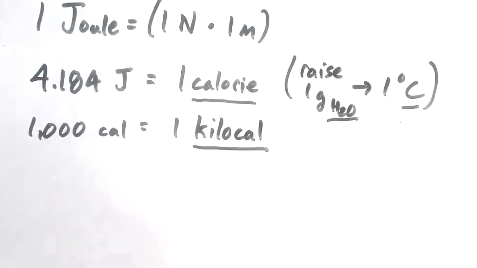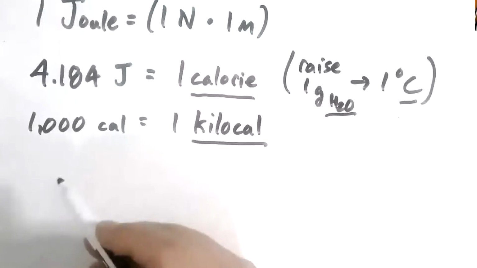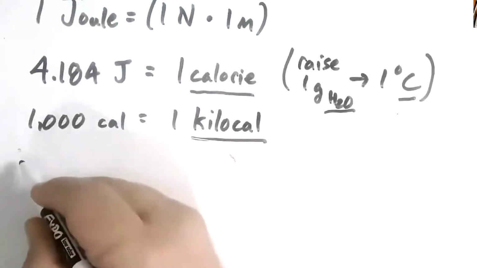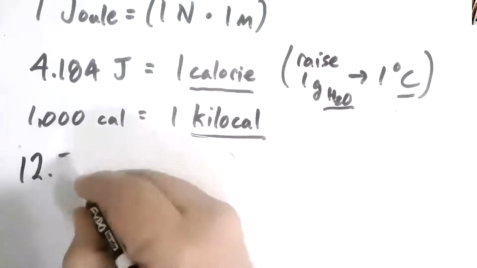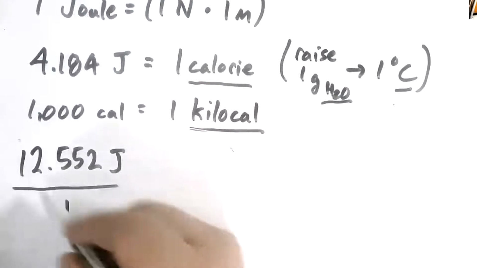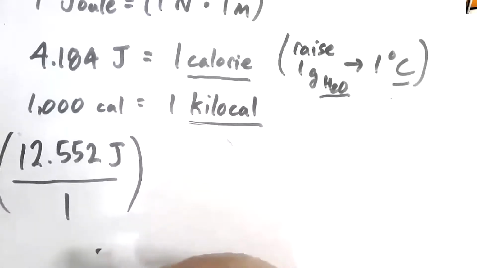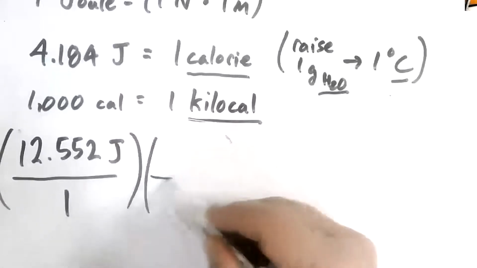Okay, so let's say that we're given 12.552 joules, and we want to know how many calories that is. Well, we write our given over 1 as a fraction inside parentheses, just like we always do.